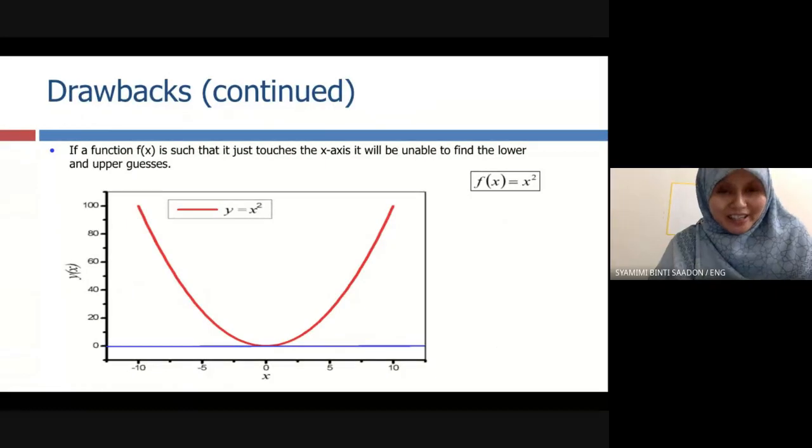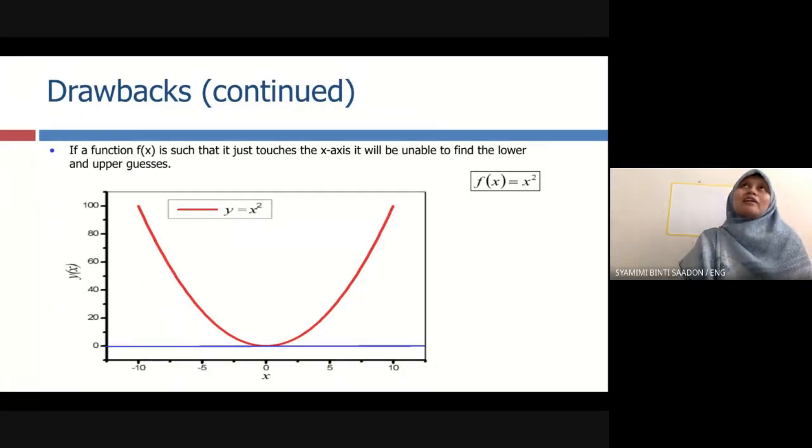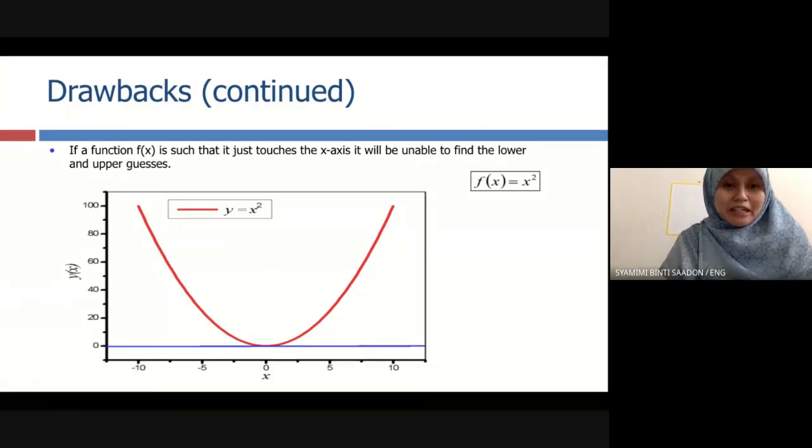Another drawback: for certain equations that are non-linear, we can't use the bisection method, even though they are non-linear algebraic equations. For example, the quadratic equation.